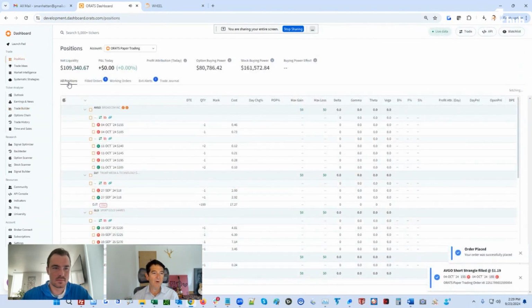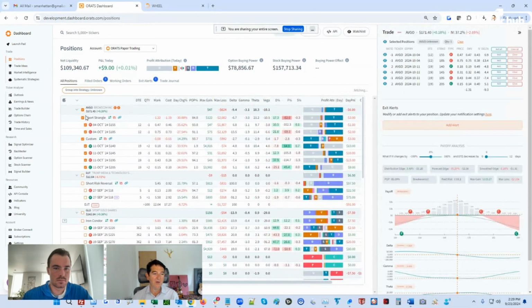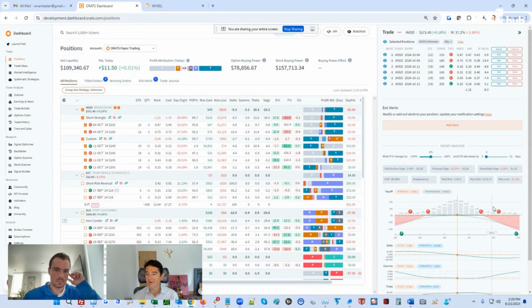All right, and like Tyler said, what we could do is just click on AVGO, and it picks up all of the trades here, and you can see that the flapper is so far out of the money. We sold the 155 puts, we're long the 140 puts, so that's way down here. It's flattening out the line here.